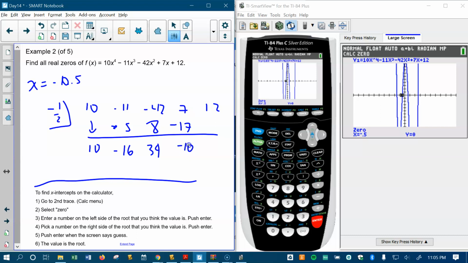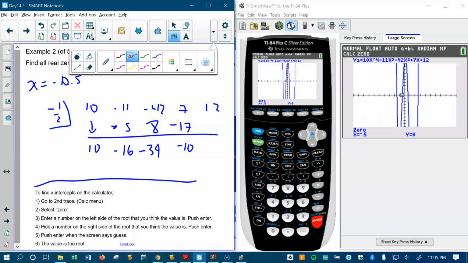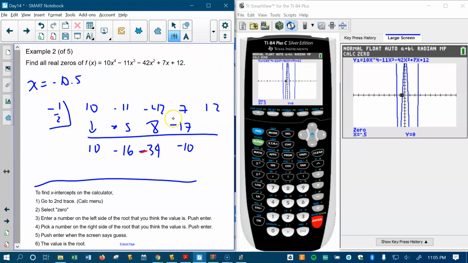I think I made a mistake here. Just make sure that I have this right. Aha, this should be a -34, so let me just correct that on the video. So this should be a -4, which turns this to be a +17, and I get a 24 when I add those up. Here I get -12, and I have a 0, and I wanted a 0.